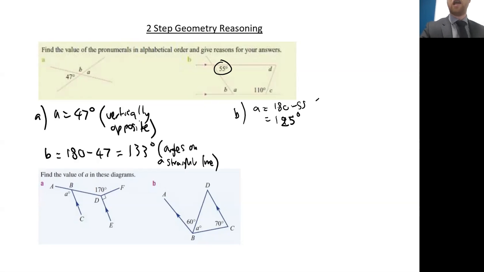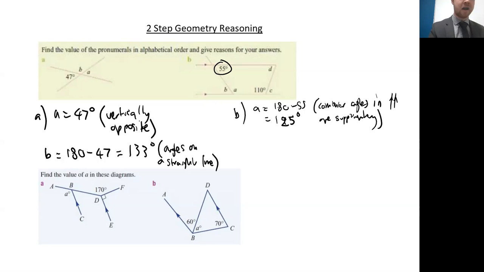And my reason is co-interior angles in parallel lines, and you can use the symbol for parallel lines there. So co-interior angles in parallel lines are supplementary. That's our reason. Okay, supplementary. So that's how we got our letter A.